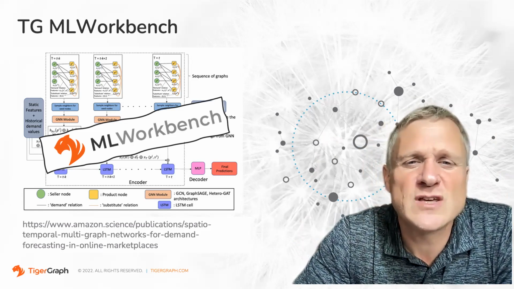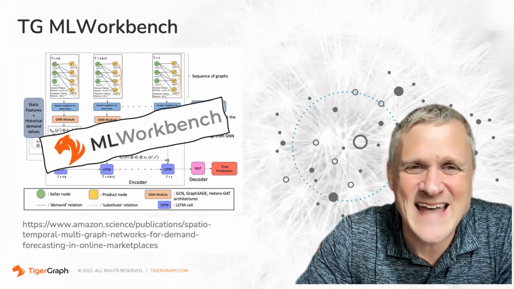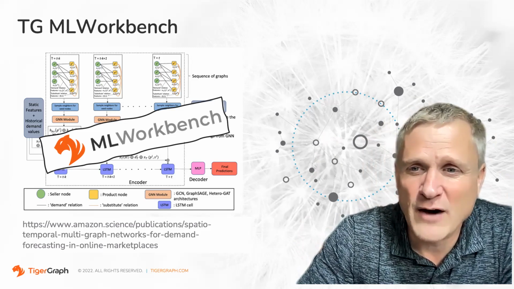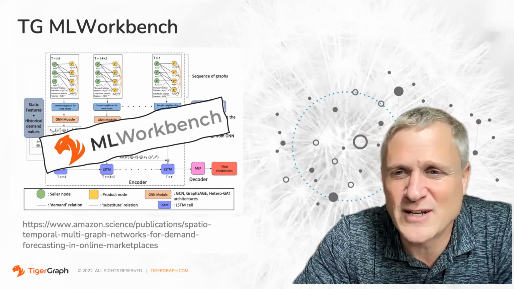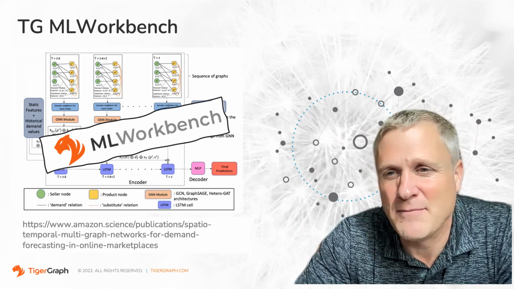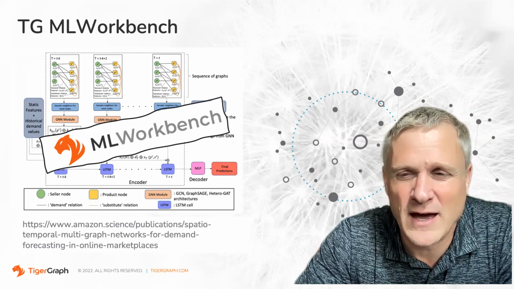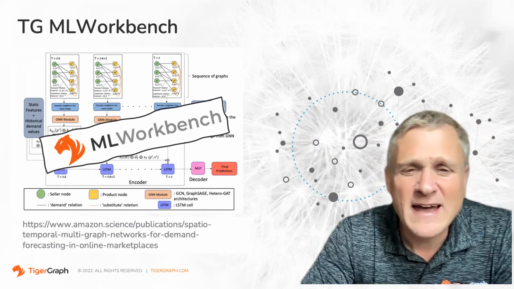But they can do this with Machine Learning Workbench, because Machine Learning Workbench links together the graph at the front end with, in Amazon's case, AWS and SageMaker, in Google's case, Vertex AI with GCP, in Microsoft's case, Azure ML, TensorFlow in the background, or whatever it is.